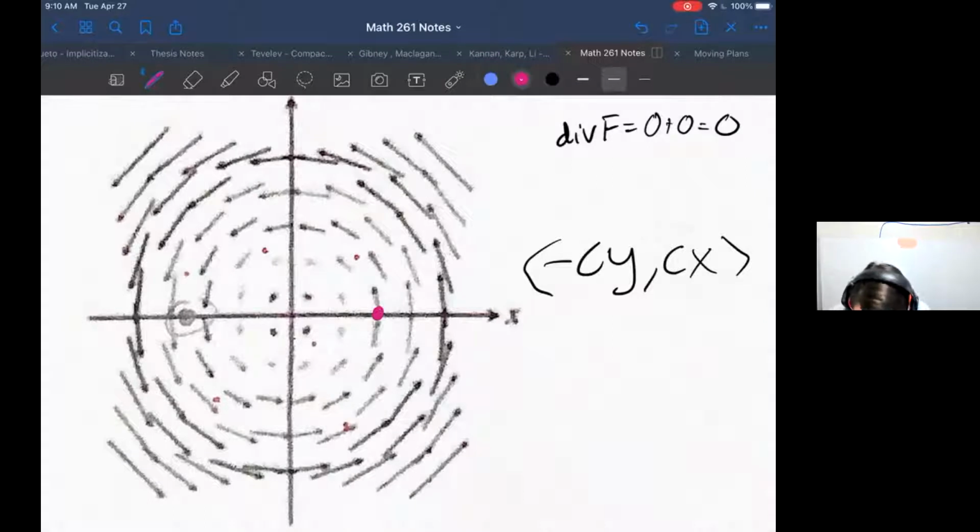If I looked at this point here, I would have a vector of the same magnitude pointing that way as I would have pointing this way. So their angles cancel out. It's not like I have vectors pointing a bunch this way or anything like that.